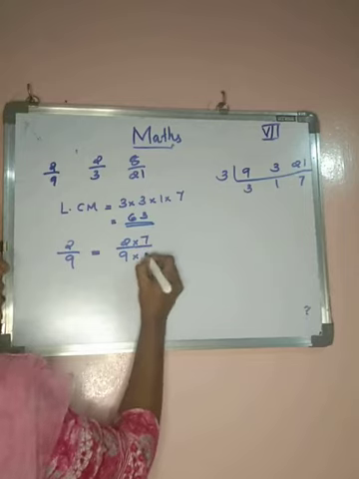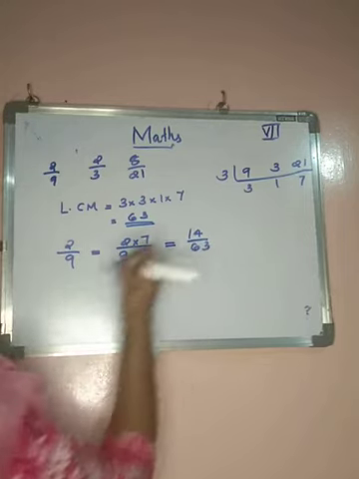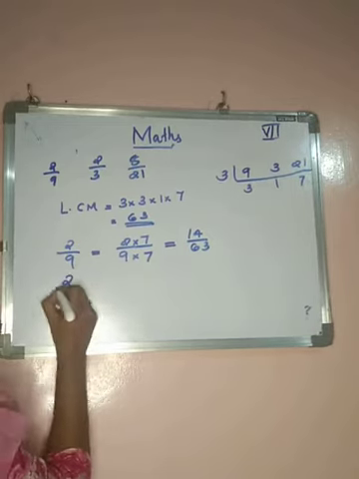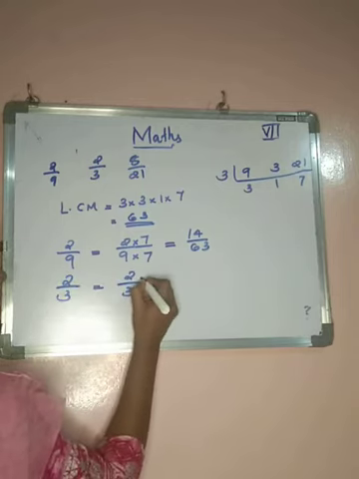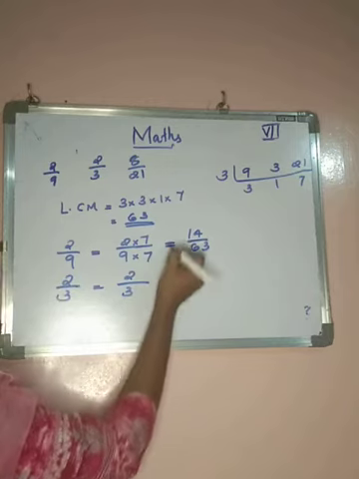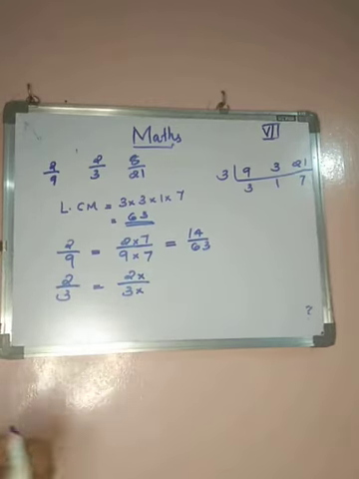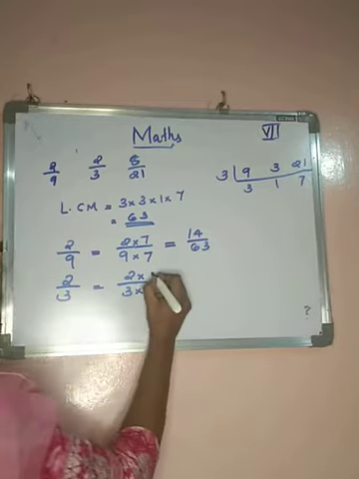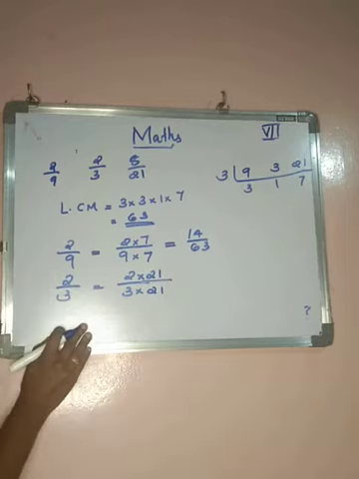So we get 14 by 63. Then the second fraction is 2 by 3. The denominator must become 63, so the number 21 will multiply both of them.